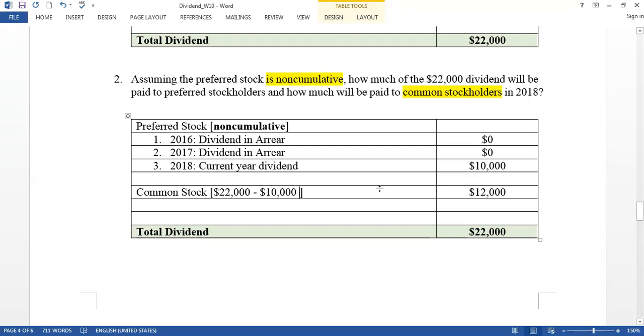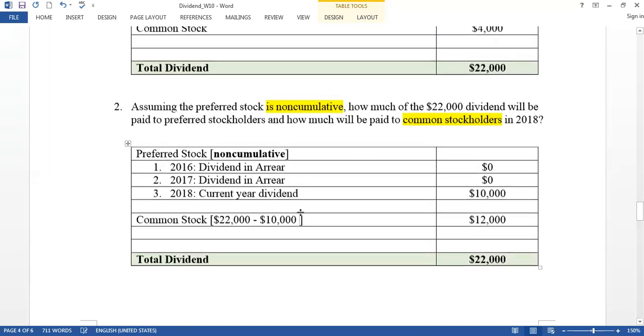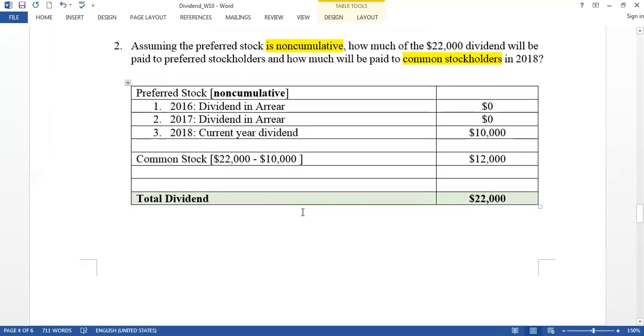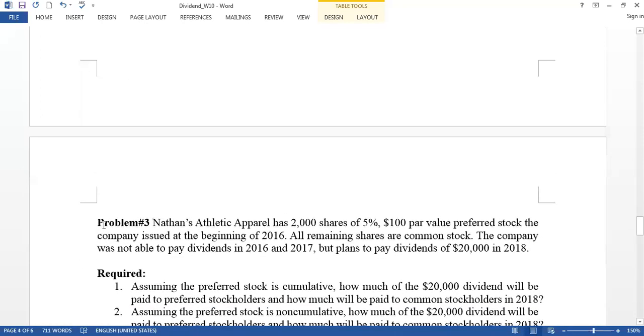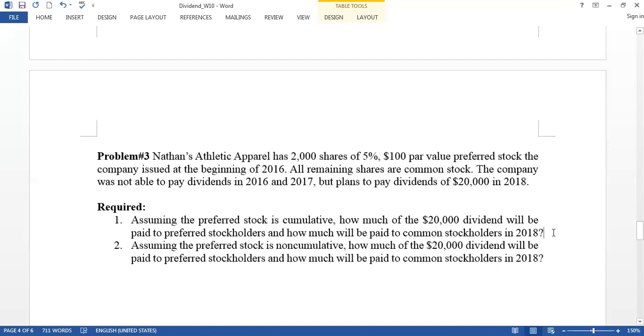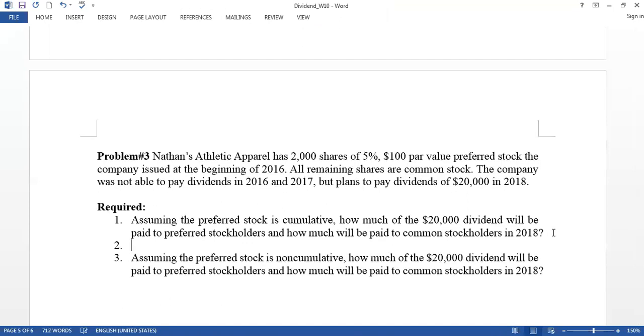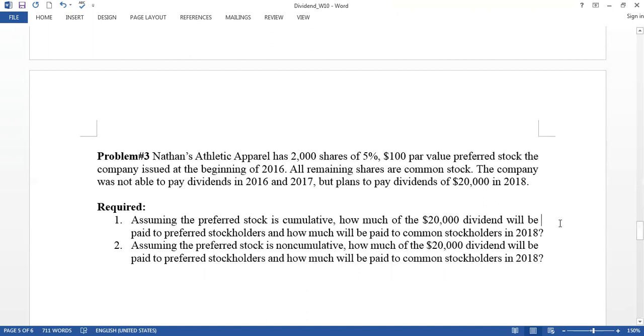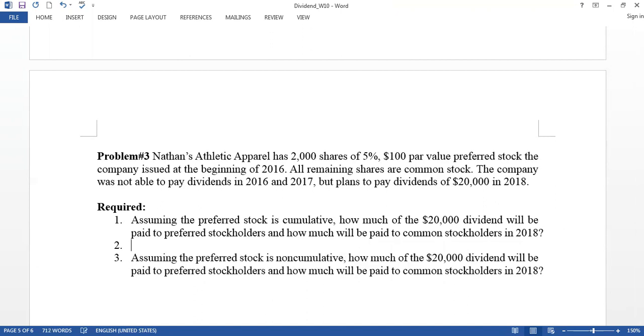Do you understand? So this is question 2. Then read question 3. Question 3 said the same company has 2,000 shares, 5%, $100 par value preferred stock. Same question. So what is the dividend here?